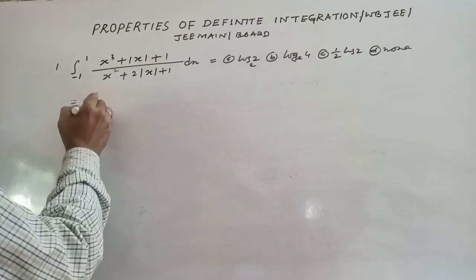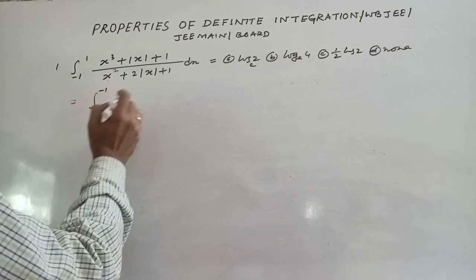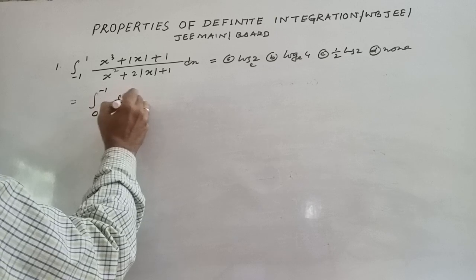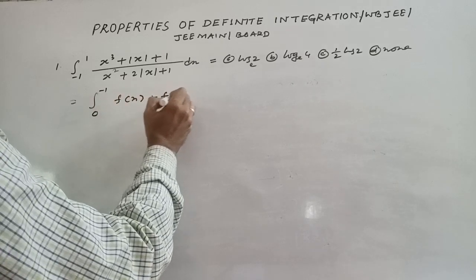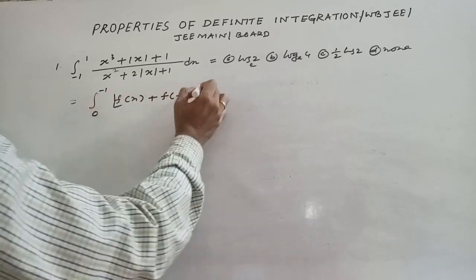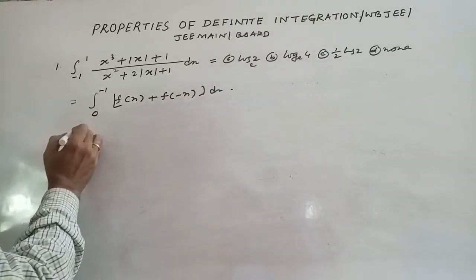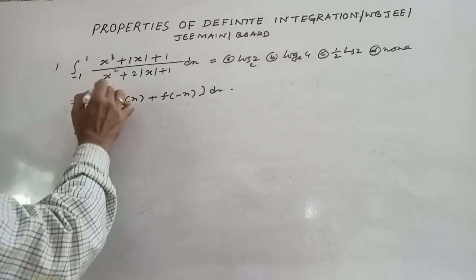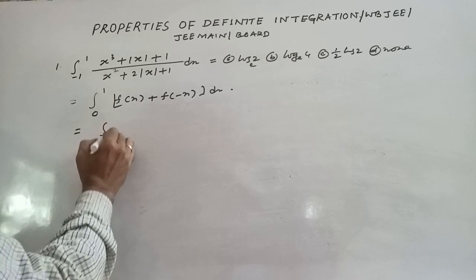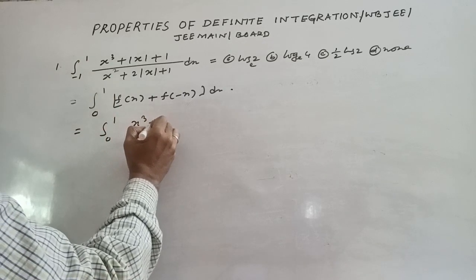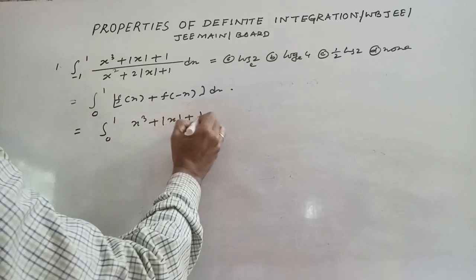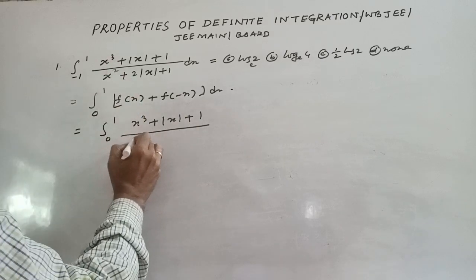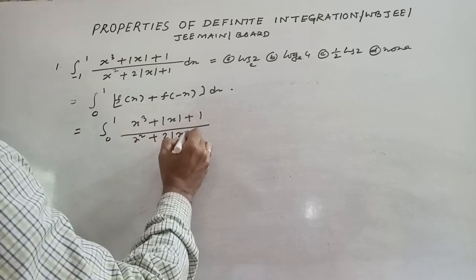So you can write it as 0 to 1, f of x plus f of minus x, x cube plus mod x plus 1, x square 2 into mod x plus 1.